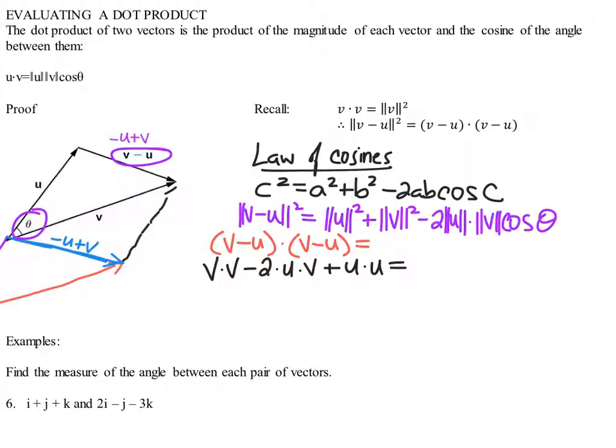Going back to the magnitude property, if I have the dot product between two identical vectors, that's equal to the magnitude squared. I'm still working on the left-hand side, leaving the right-hand side alone for now. So this is the magnitude of v squared minus 2 u dot v plus the magnitude of u squared.